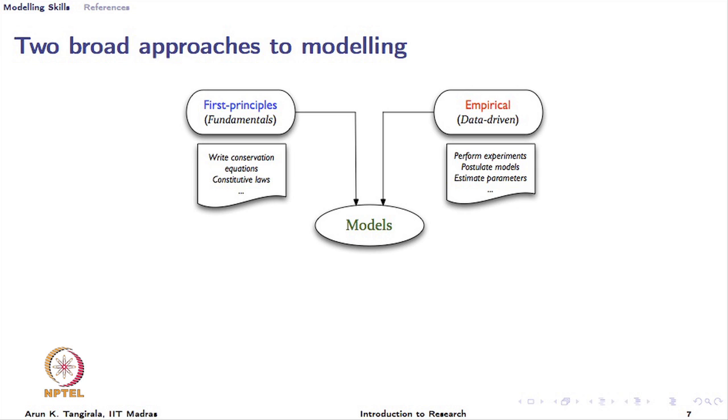The other approach, which is quite contrasting, is where we do not rely on science as much as we rely on data. There is a data science, but we do not rely on the science of the physics to begin with. At some point in time maybe we can incorporate it, but to begin with we rely on data.